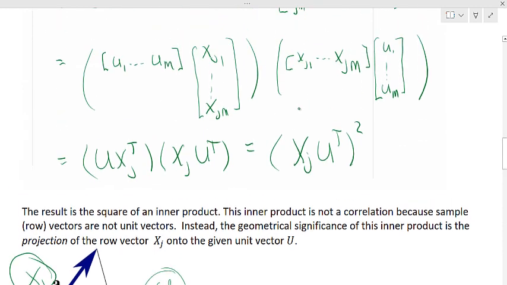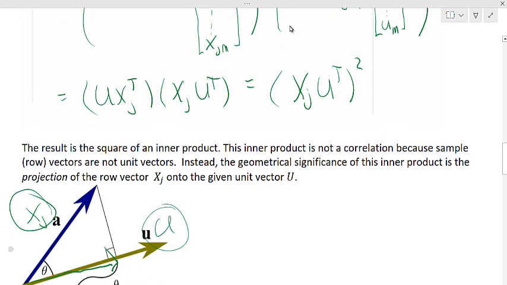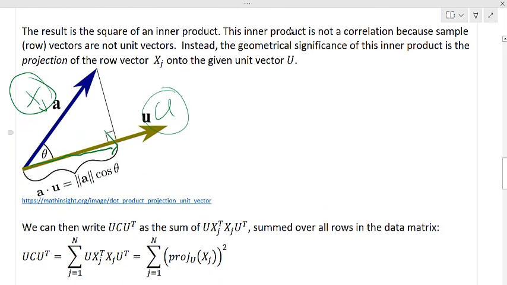Each outer product, when I multiply on the left by u and on the right by u transpose, I'm going to get the square of an inner product. And that inner product is a projection. It gives the size of this row vector along the particular geometrical direction I'm looking at. Right? So that's just for one row vector.